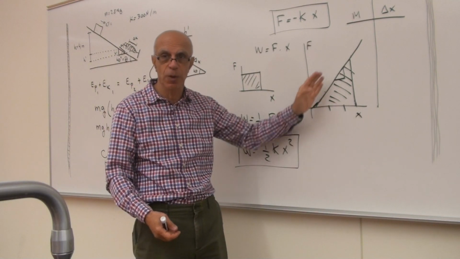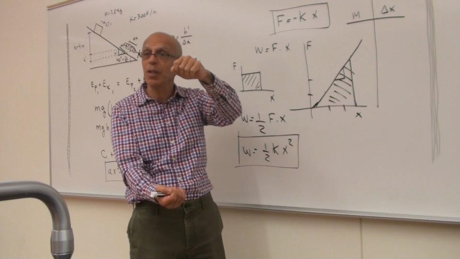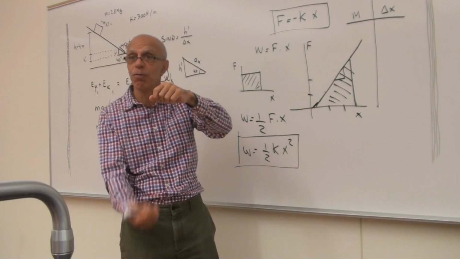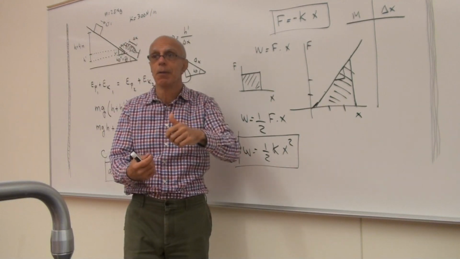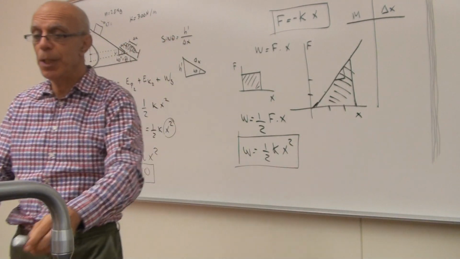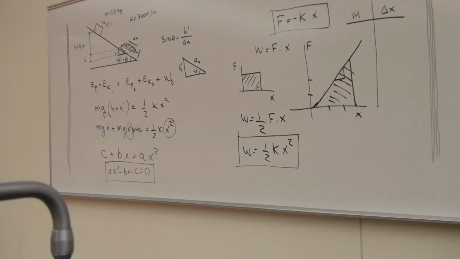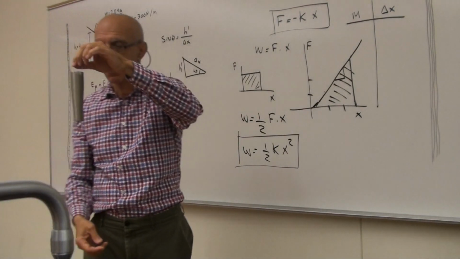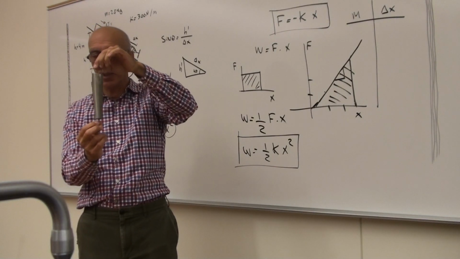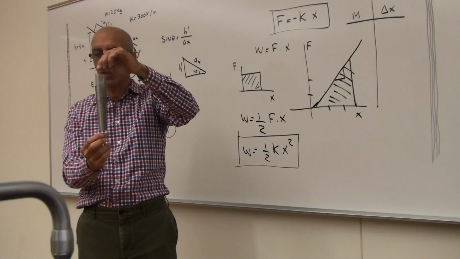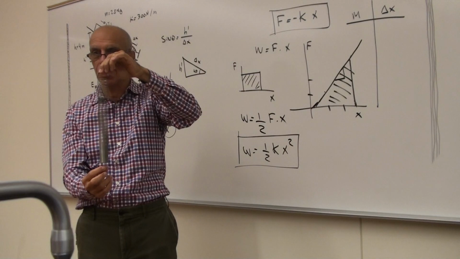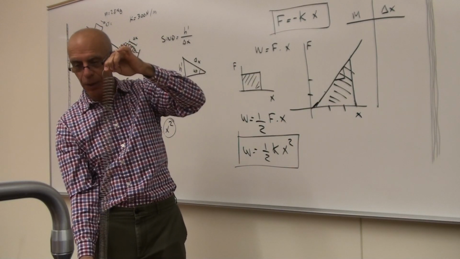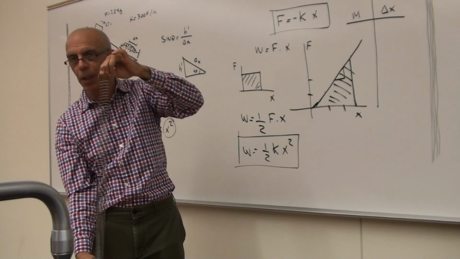As I extend the spring, I have to apply more force to go further. I apply one force, it goes this way. I apply more force, it goes this way. More, and now it's storing a lot of energy.